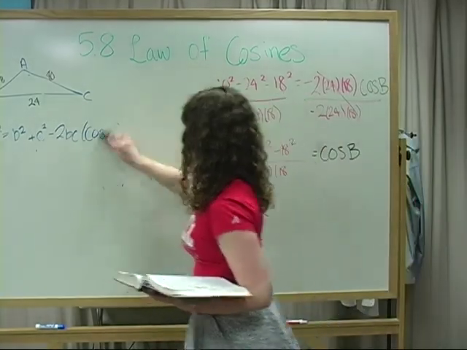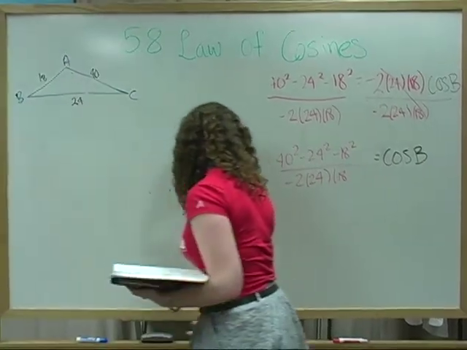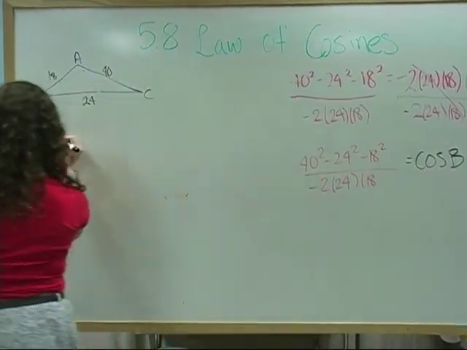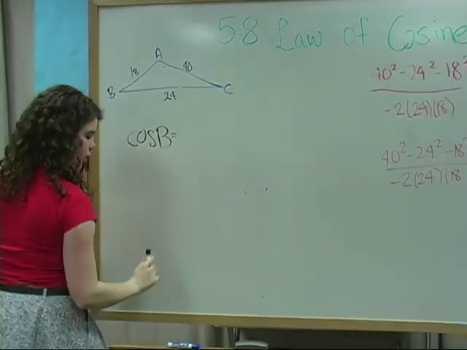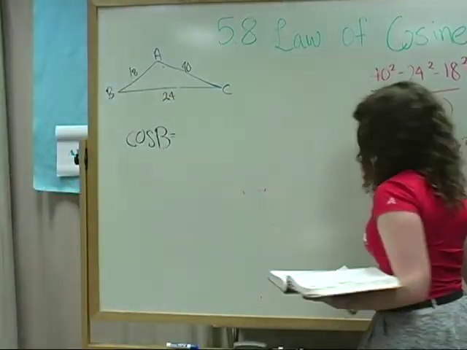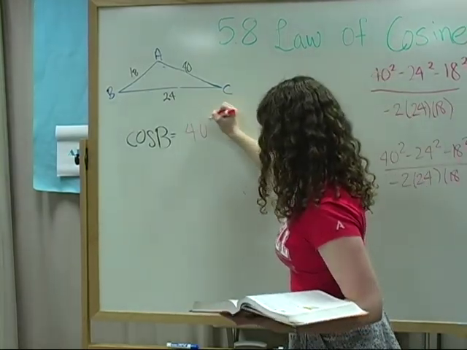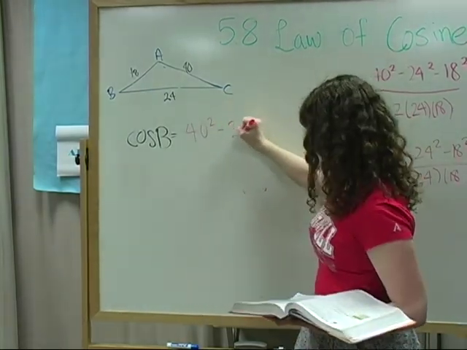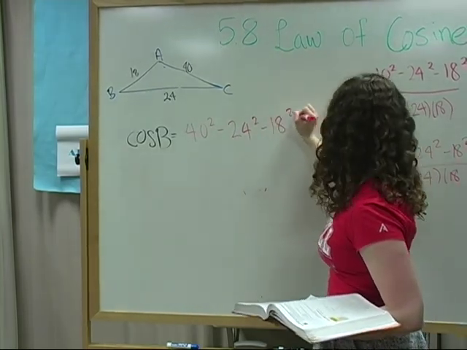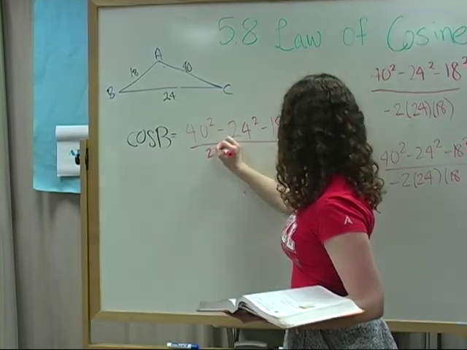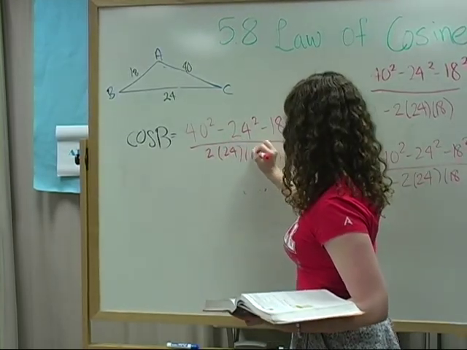So if we have that the cosine of b equals (40 squared minus 24 squared minus 18 squared) over 2 times 24 times 18.